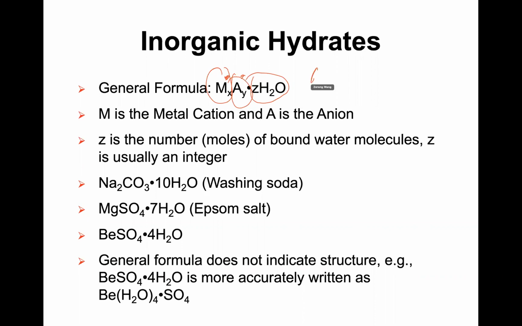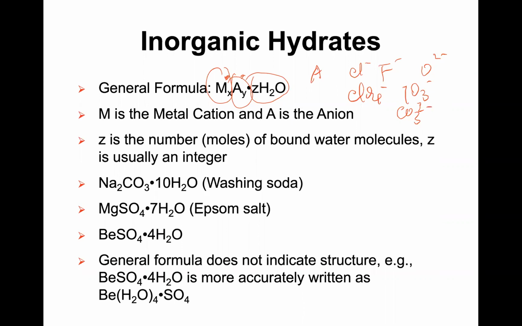Now, A can be a single atom, such as chloride, fluoride, or oxygen, but it can also be an oxyanion, for example perchlorate, iodate, or carbonate.